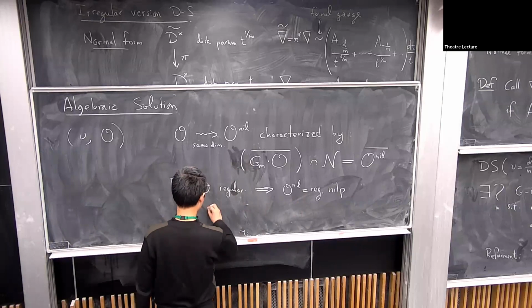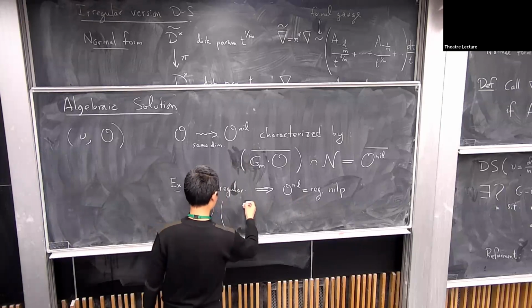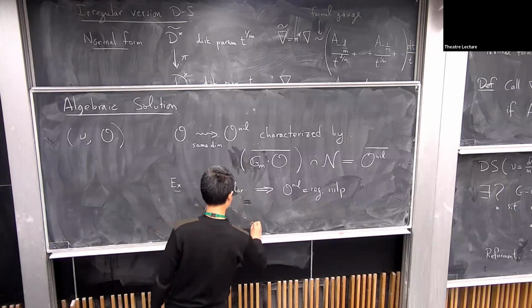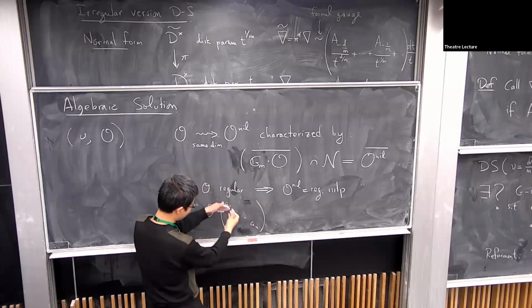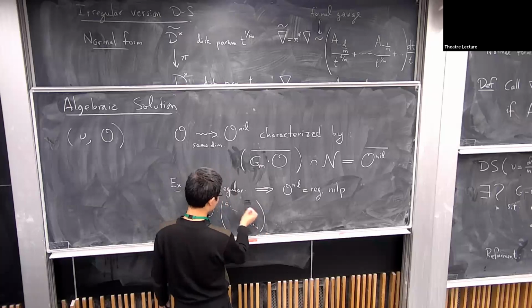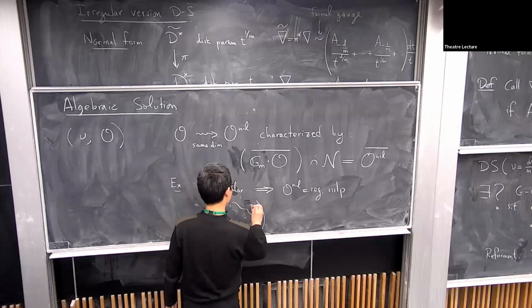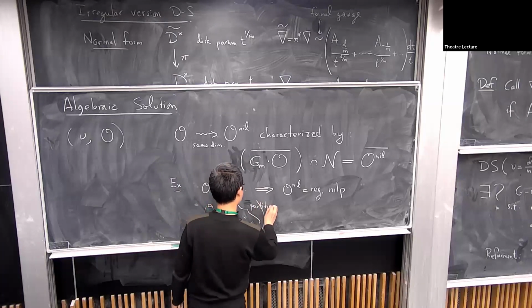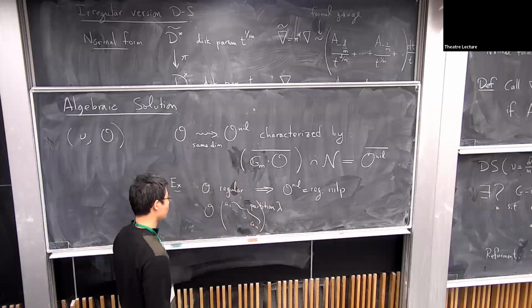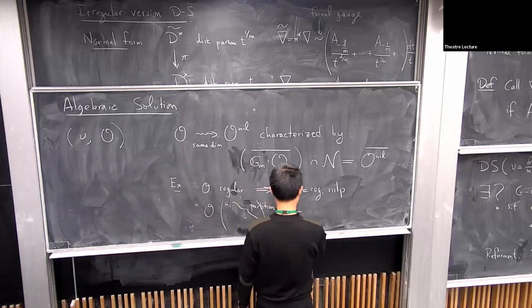So yeah, so if O is O of something, with eigenvalues repeated according to some partition lambda, then nil.